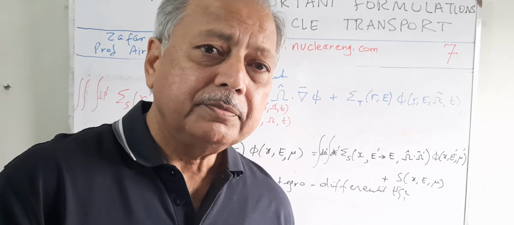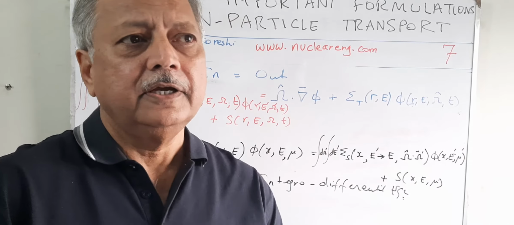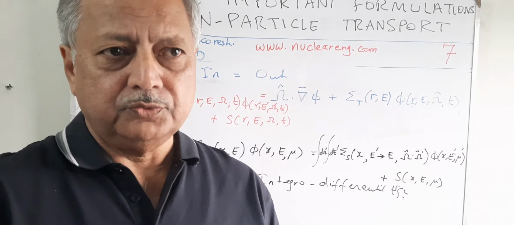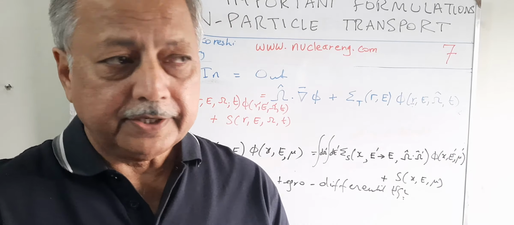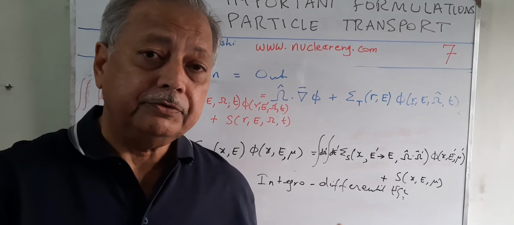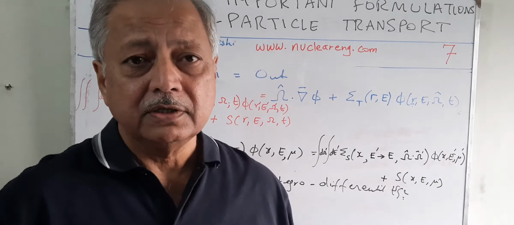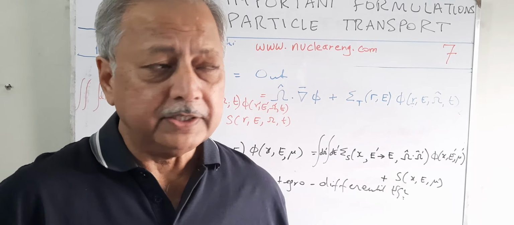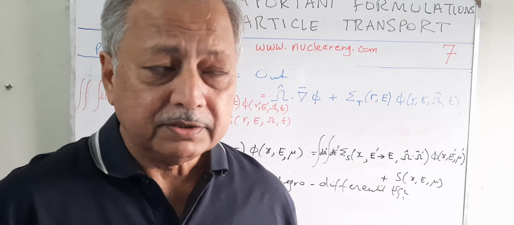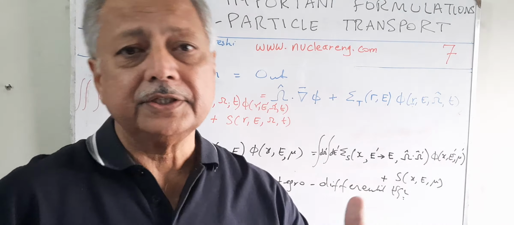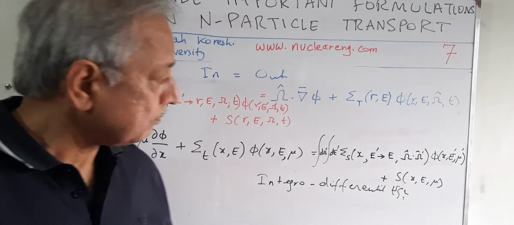People did try them earlier in the day, in the 1930s, 1940s: Wiener, Hopf, Chandrasekhar, because the field in those days was astrophysics. So they were trying to study stars, space, the albedo of the Earth, that is, what fraction of light reaching the Earth is reflected back.